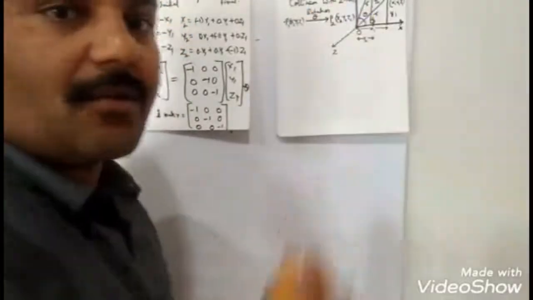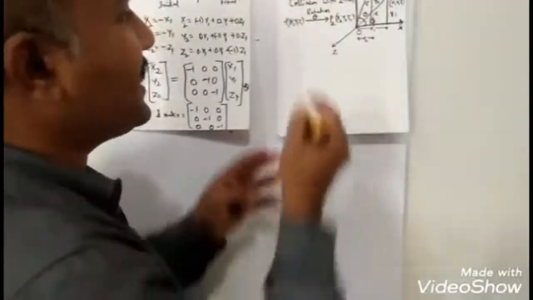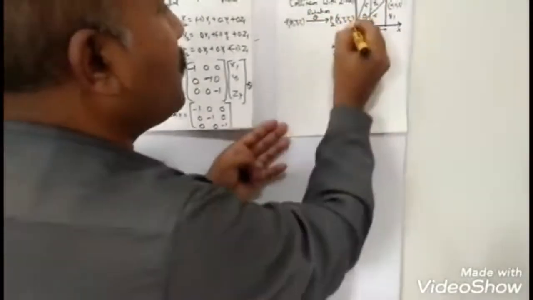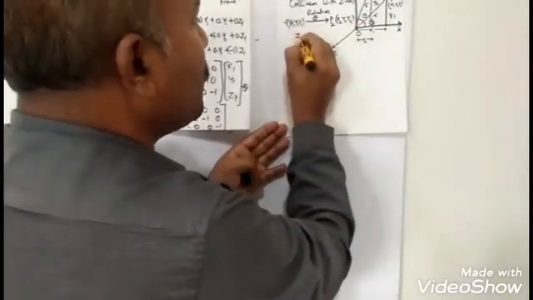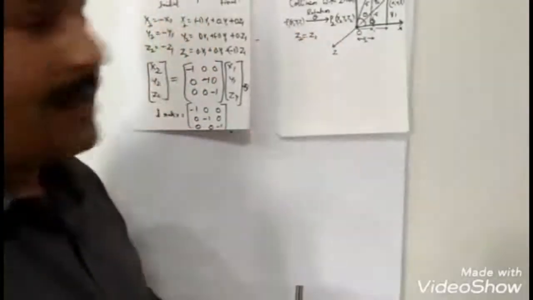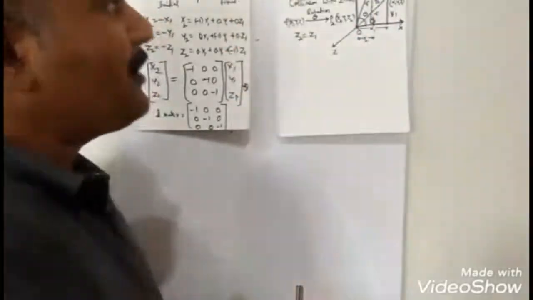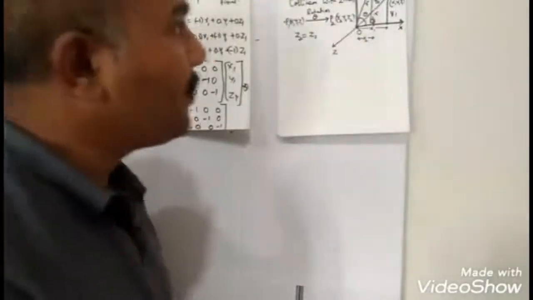That means the rotation axis is collinear with the z-axis. Since the rotation is along the z-axis, there is no change in the z coordinate. So z2 is equal to z1. Now find out the changes occurring for the x2 coordinate and the y2 coordinate.